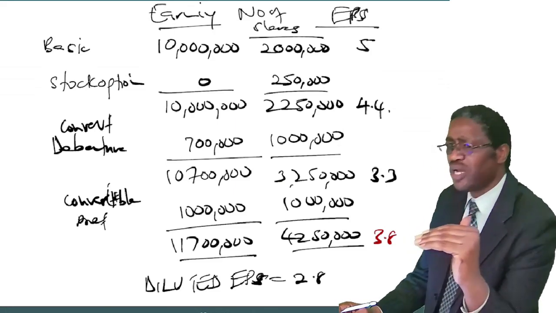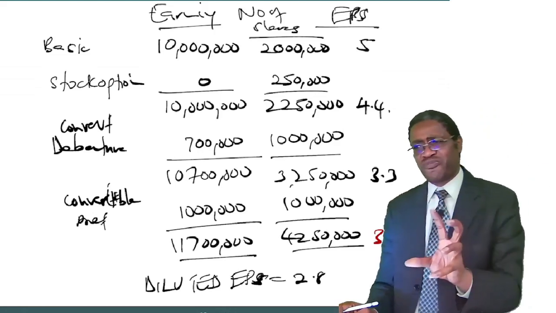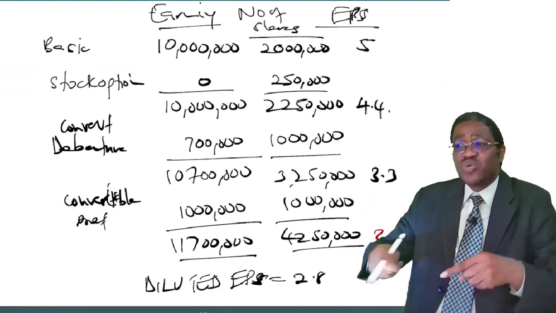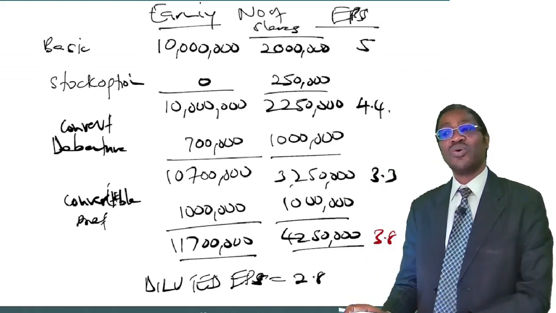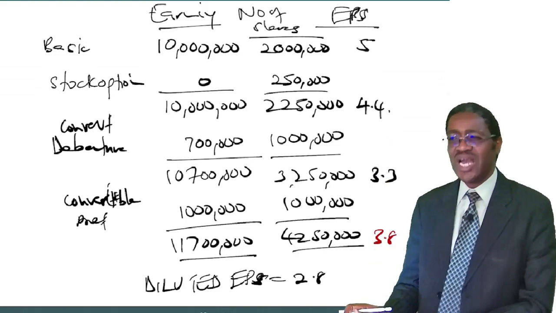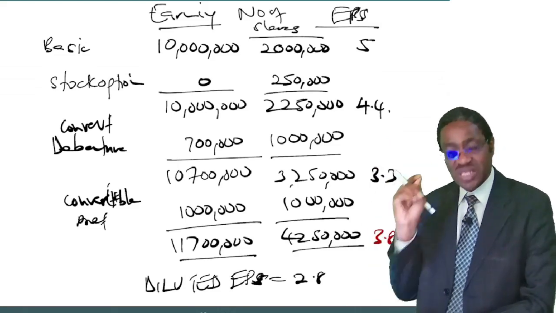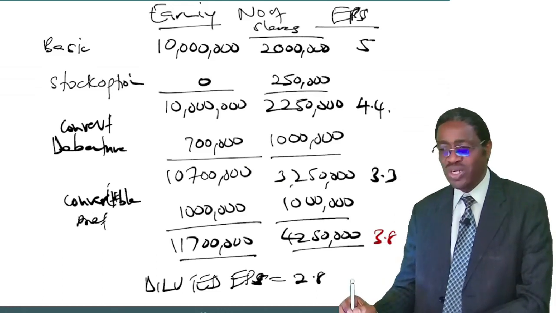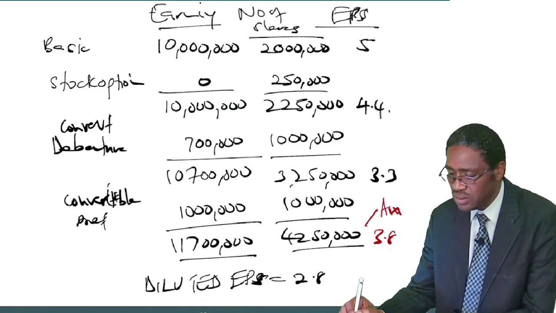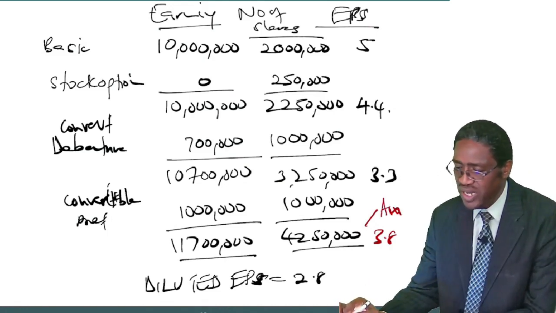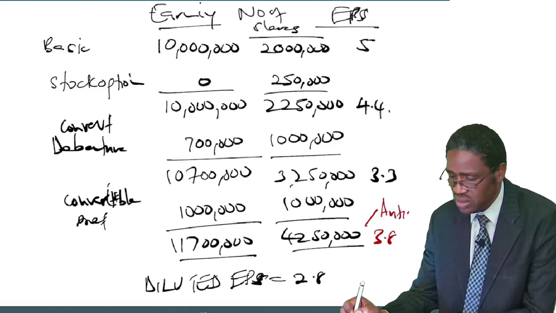But when we put in the convertible preference, we realize that it is making the earnings per share increase instead of reducing. So if a potential ordinary share has that kind of behavior, we say that it is considered to be anti-dilutive.